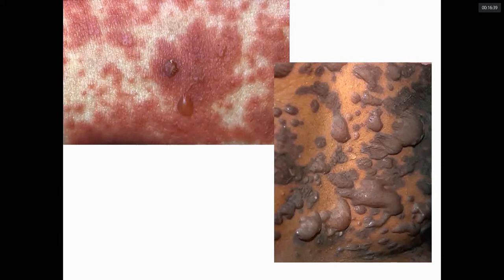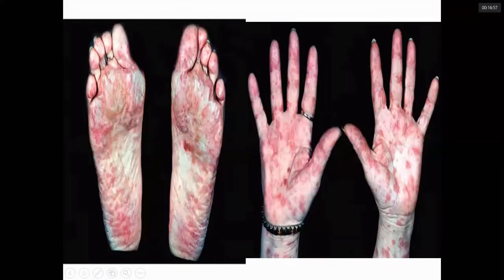As you can see, these are the lesions seen in SJS and TEN. These are purpuric macules, which in the initial stage have just started to become vesicular. Later, you can see these have all become vesicular and bullous. These are the purpuric macules over palms and soles.